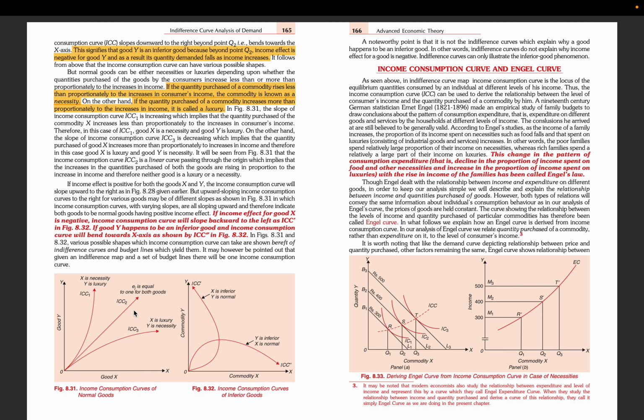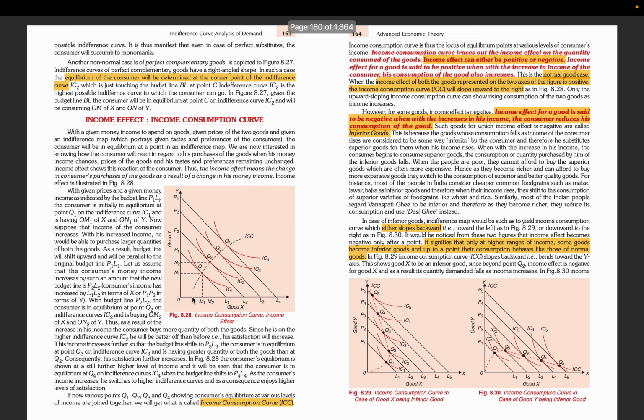If the income effect is positive for both X and Y, the income consumption curve will slope upward and to the right, like we saw in 8.28, this one.